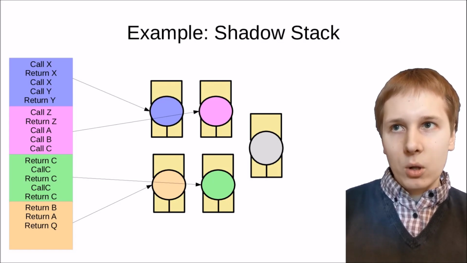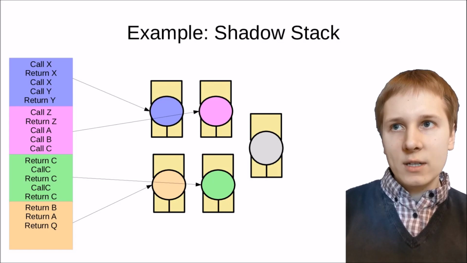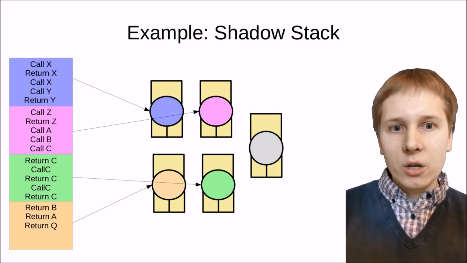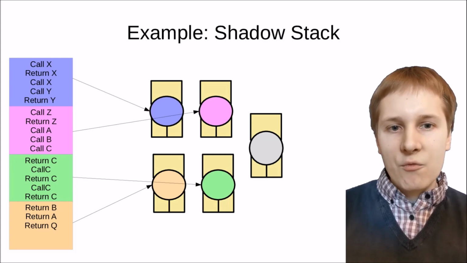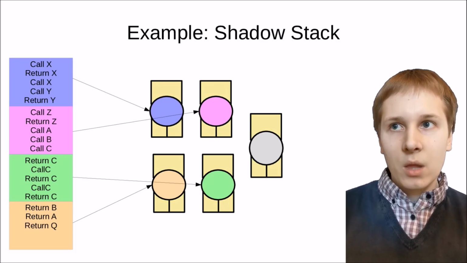In this example, we split the analysis over 5 different Guardian processing elements. The first 4 take in observations, filtering out any call and return pairs to the same location. We know that calls and returns to the same location match, so we can get rid of those. It's the other ones that we're more interested in for attacks.